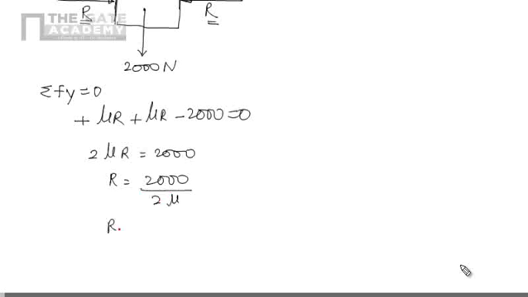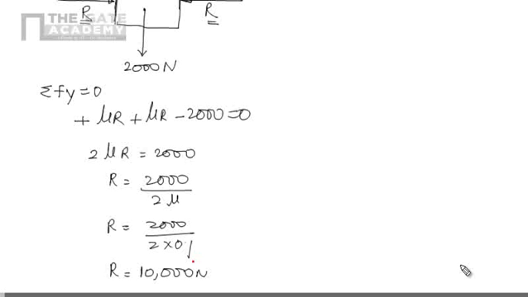So R will be 2000 divided by 2 into 0.1, and if we calculate, we will get 10,000. So the reaction at these surfaces will be 10,000 Newton.